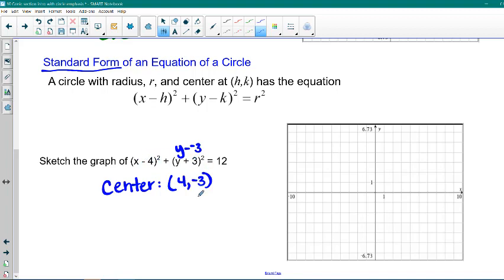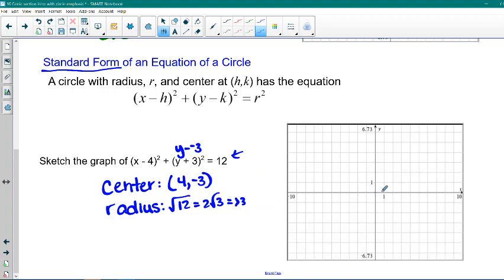It's really 4, negative 3. The radius is the square root of this number. Okay, so our radius is the square root of 12, which is 2 square root of 3, which is about a little bit more than 3. A tiny bit more than 3.